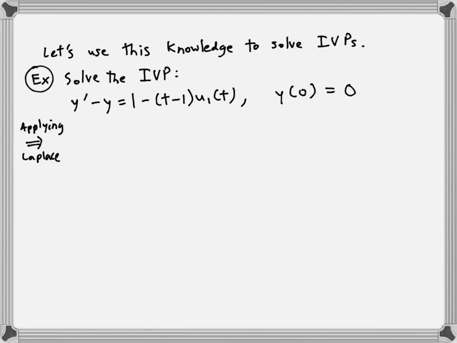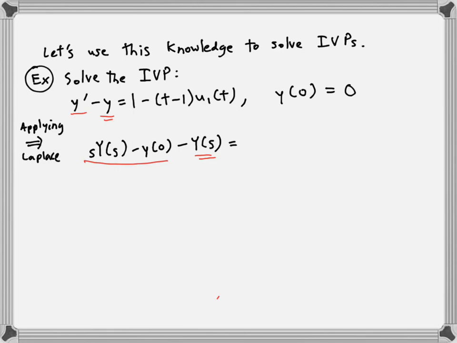So when we take the Laplace of this guy, we're going to end up with s y of s minus y of 0. So I'm just underlining where that came from. And then minus y of s, again, this became that after I took the Laplace.